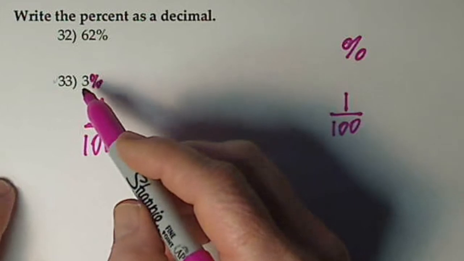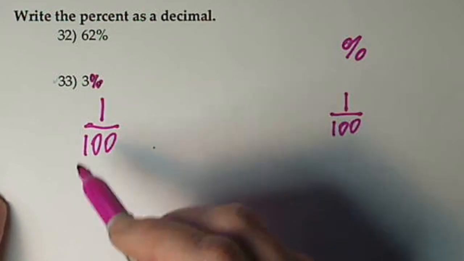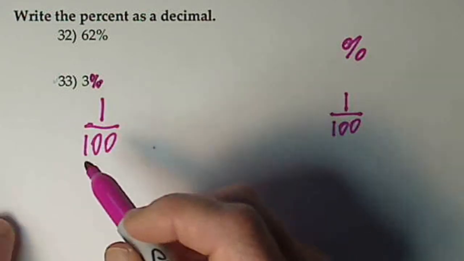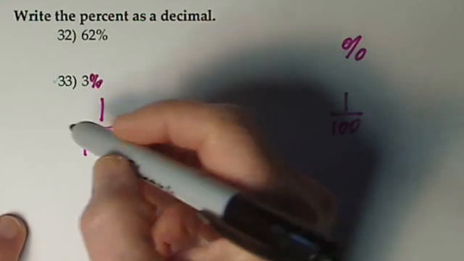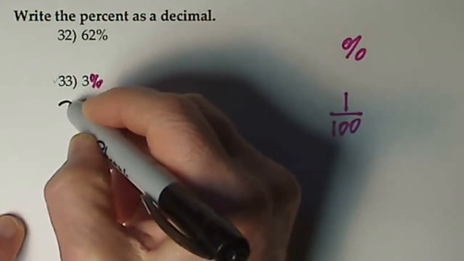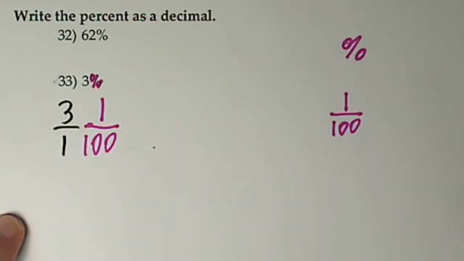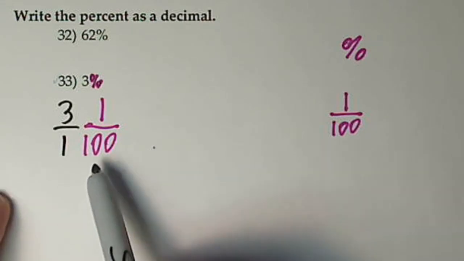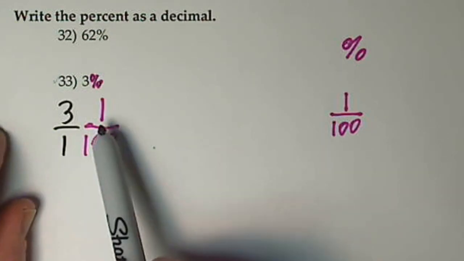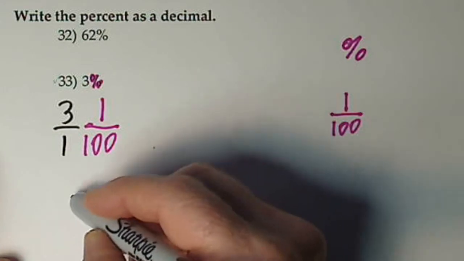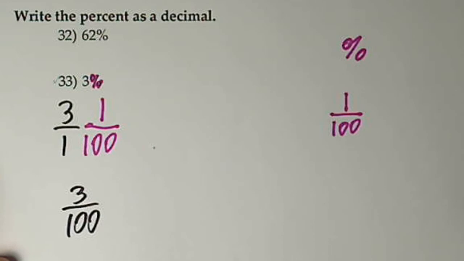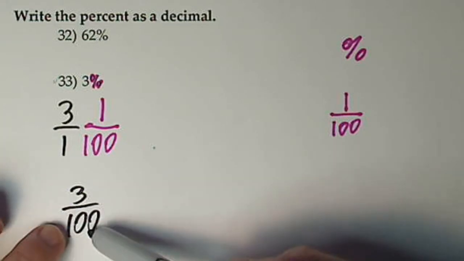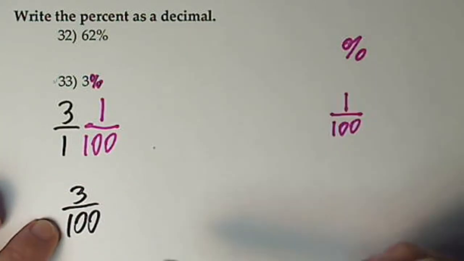All right, so 3% is really, I'll do this in 2 steps, but usually you'll just do it in 1. 3 is really 3 over 1. Okay? In this case, it turns out it would be easier. If I was to multiply these, what would I have? I would have 3 over 100.